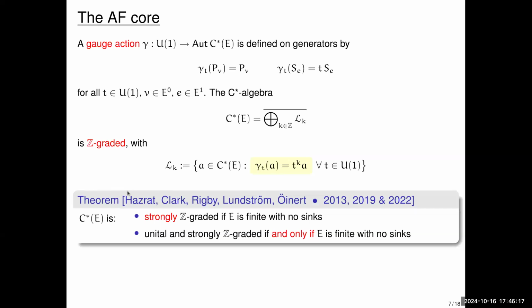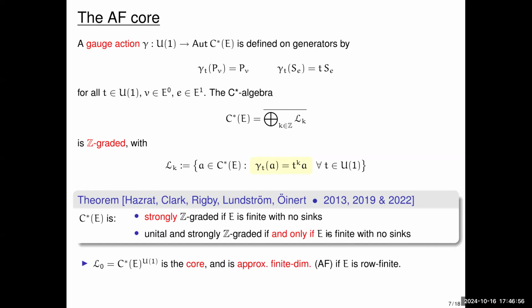And for graph C*-algebras, there is a theorem that tells you when it is strongly Z-graded. One sufficient condition, not necessary, is that E is finite with no sinks. There is a necessary and sufficient condition that I'm not writing because it's long. The important thing is that if you also want the C*-algebra to be unital, then unital and strongly Z-graded happens if and only if E is finite with no sinks. So that's why I'm mainly interested in finite graphs without sinks.